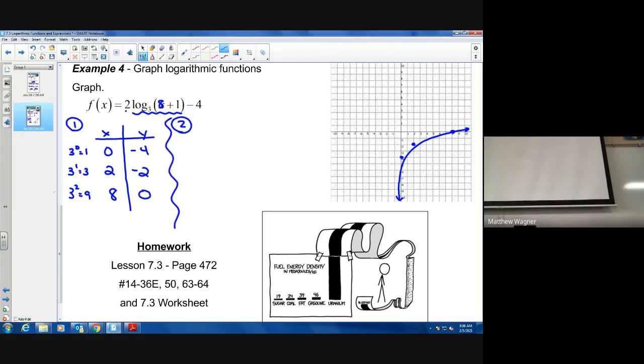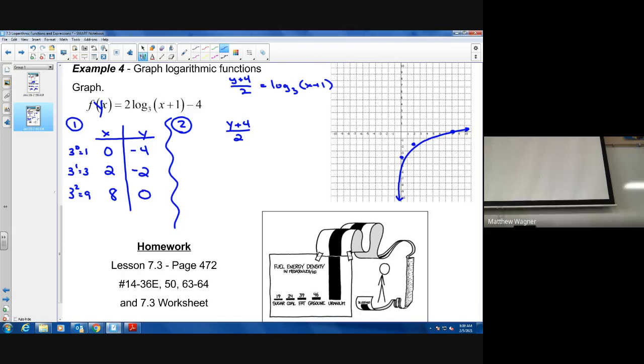You could also use exponential form if it helps make a little more sense of things. So what we do is we'd have to move everything over. Sorry, I'm going to get that out of the way so you can see the problem a little better. We'd want to write this in exponential form. So we're going to move the 4 over and divide by 2. So essentially we have y plus 4 over 2 equals log base 3 of x plus 1.